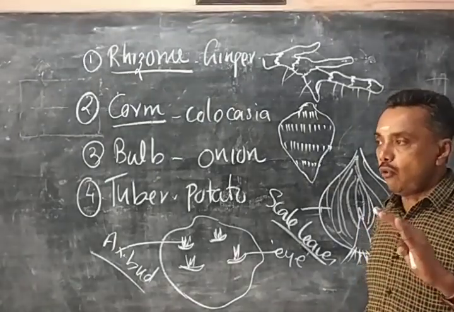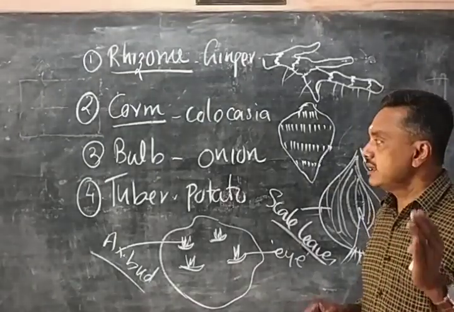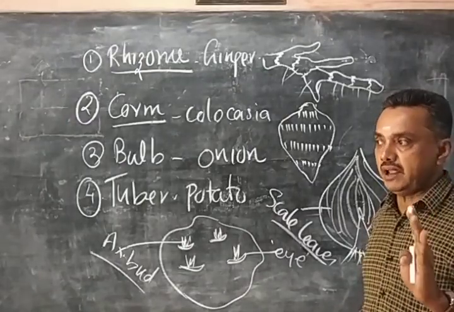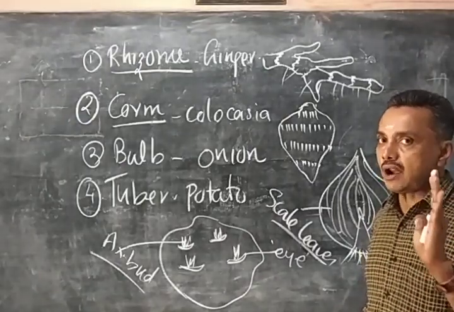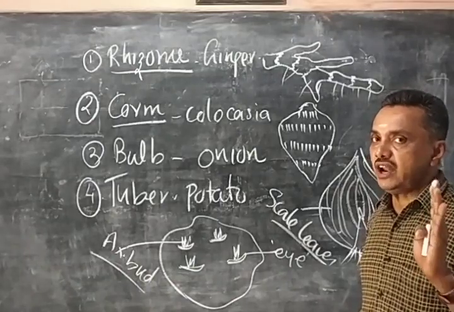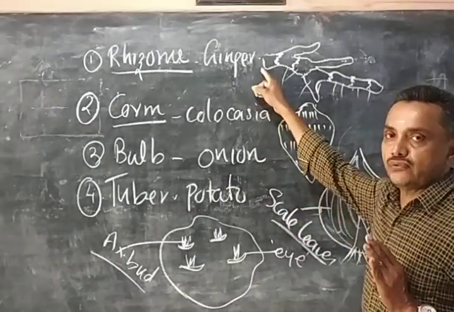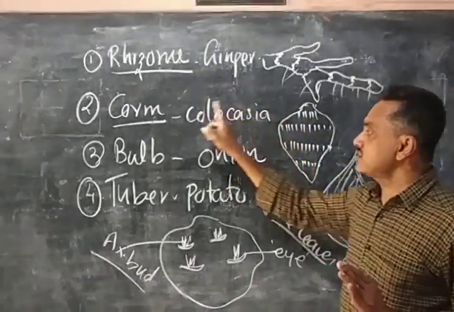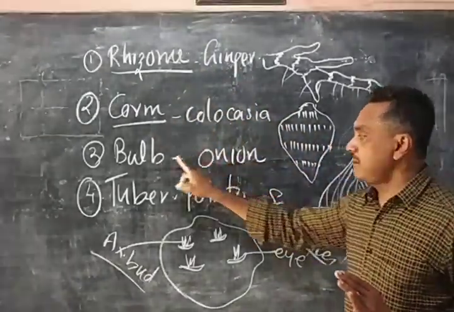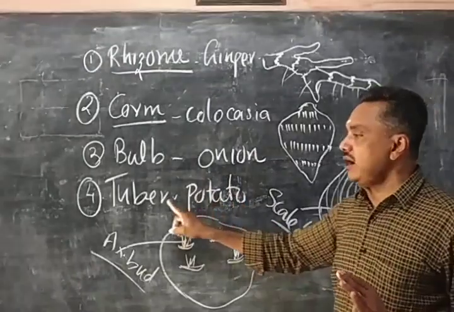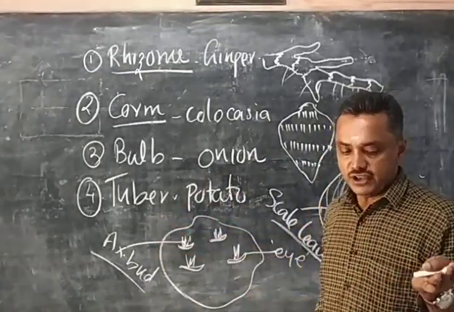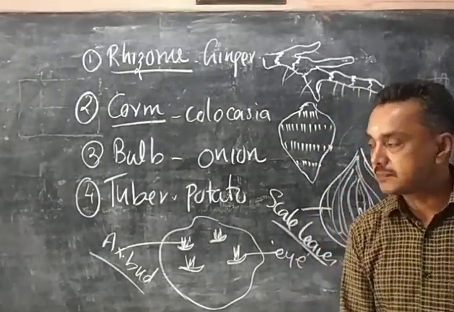These are the 4 types of underground stem serving the function of storage and vegetative multiplication. Ginger is called rhizome, colocasia corm, onion bulb, potato tuber. Structures and shapes are different, so the names are also different.